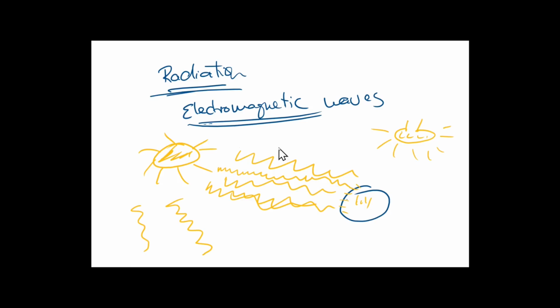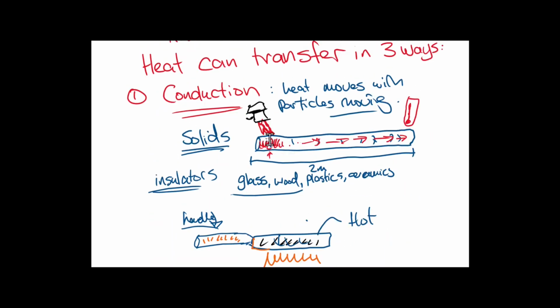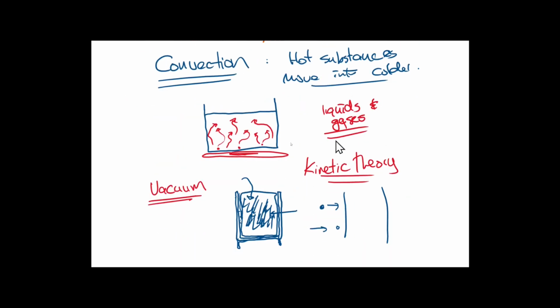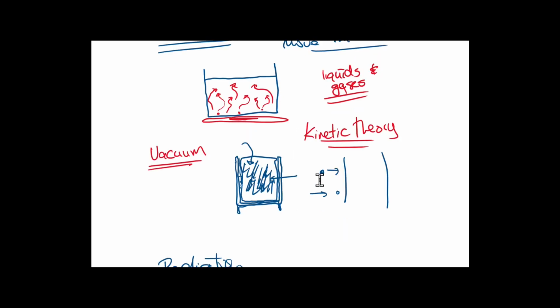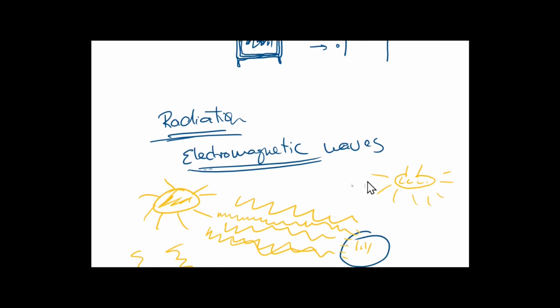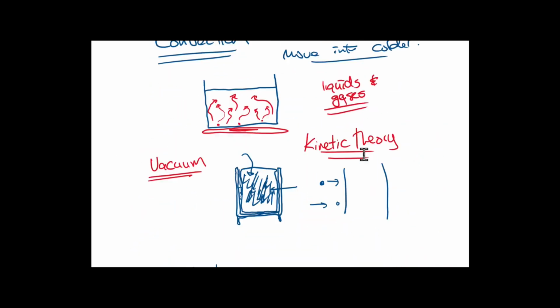So it can be transferred through conduction, which is when it moves through a solid without particles needing to move. Through convection, so the liquid or gas will itself move, or the particles will move, or it can move through radiation.